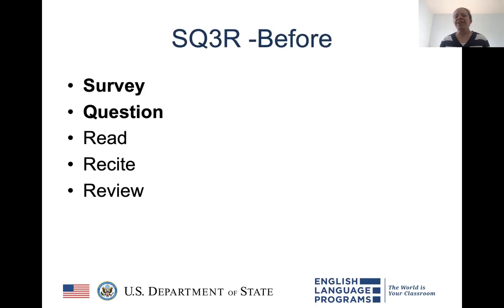Great. So this SQ3R strategy is a way of helping students do things before, during, and after they read. Before, we have students survey a text and ask a few questions. During reading, they're reading and paying attention to answer those questions they asked.